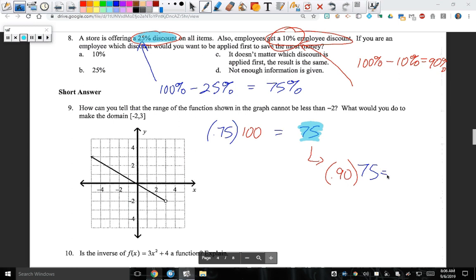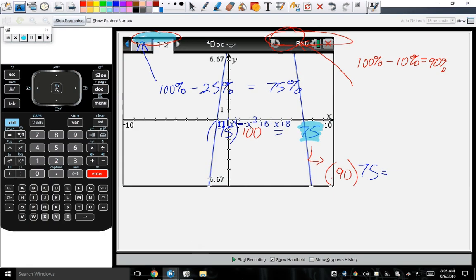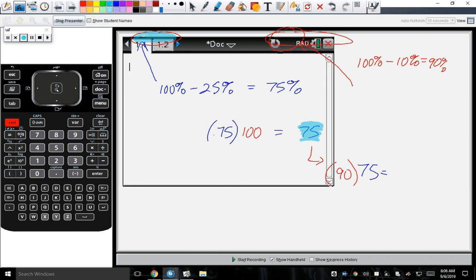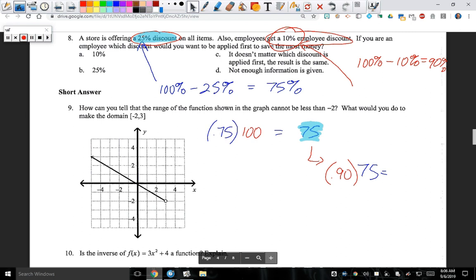Just real quick with the calculator, you can do control left to go back to page 1, and I will do 0.90 times 75, and I'm paying 67.5. So $67.50 is what I'm going to end up paying if I applied it in that order.